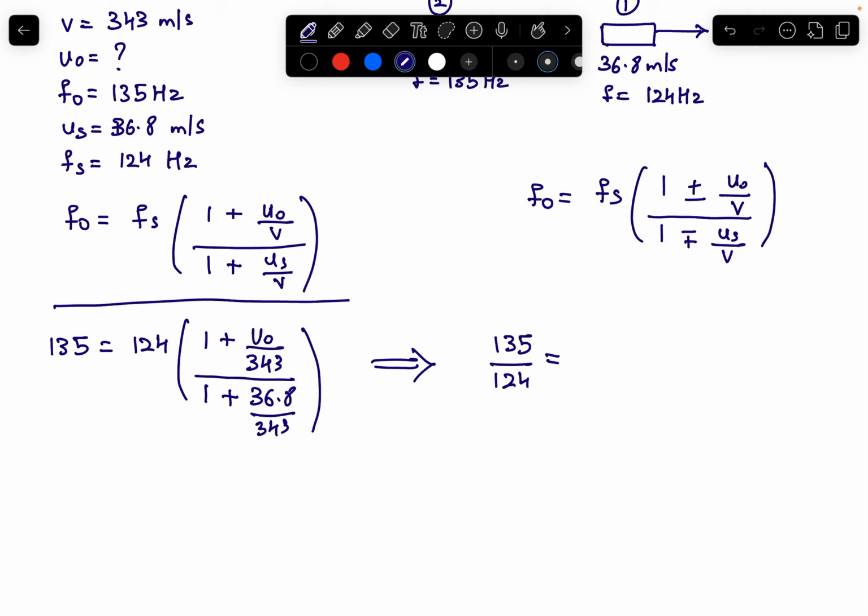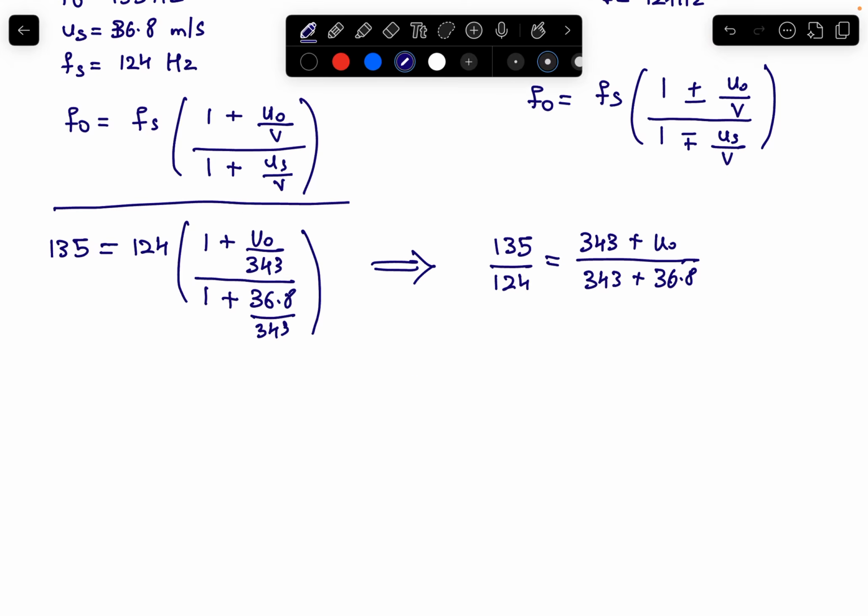we will just move 124 to the other side. So this becomes 343 plus u naught divided by 343 plus 36.8. So let's move things around for u naught. It becomes 343 plus 36.8 multiplied by 135 divided by 124, minus 343.